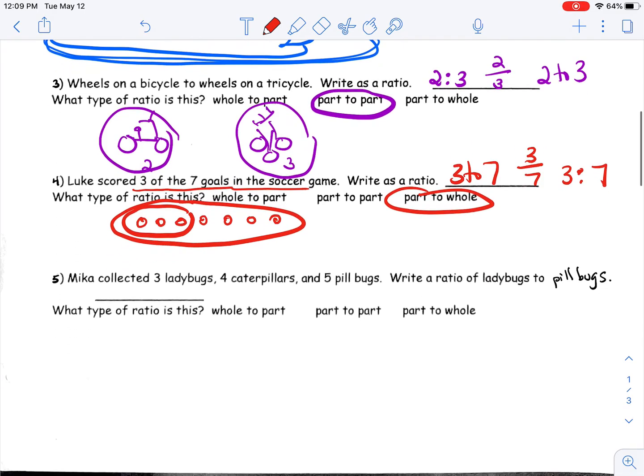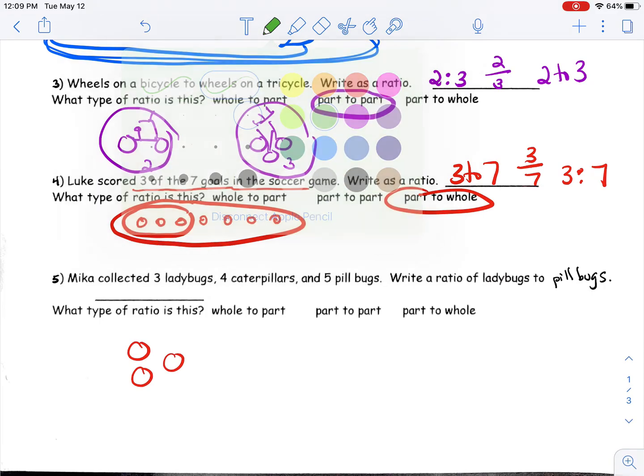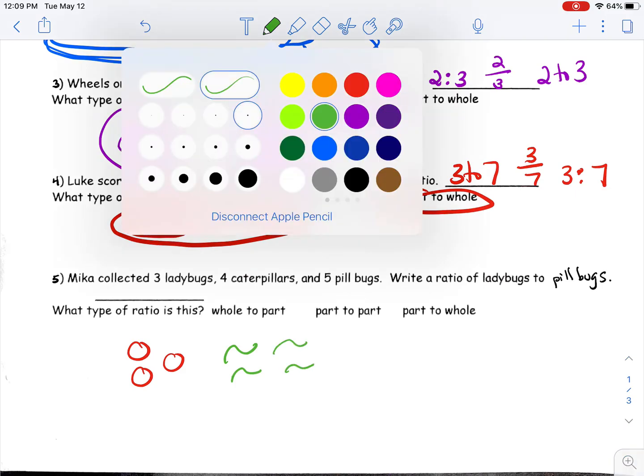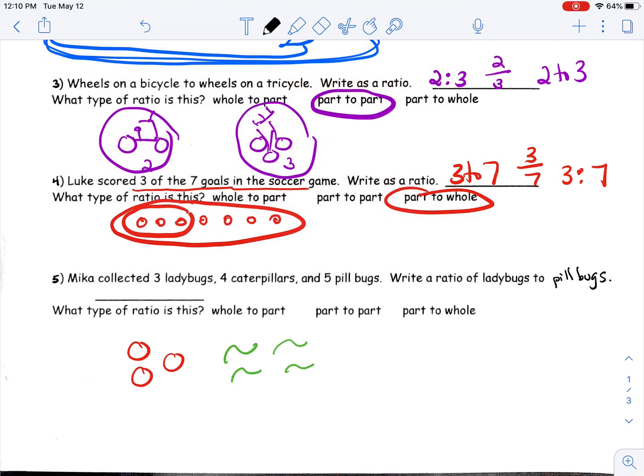And in the last example, there were 3 ladybugs. 1, 2, 3 ladybugs. They're red. There were 4 caterpillars. 1, 2, 3, 4. And there were 5 pill bugs. 1, 2, 3, 4, 5. So there's our bugs. What is the ratio of ladybugs to pill bugs?